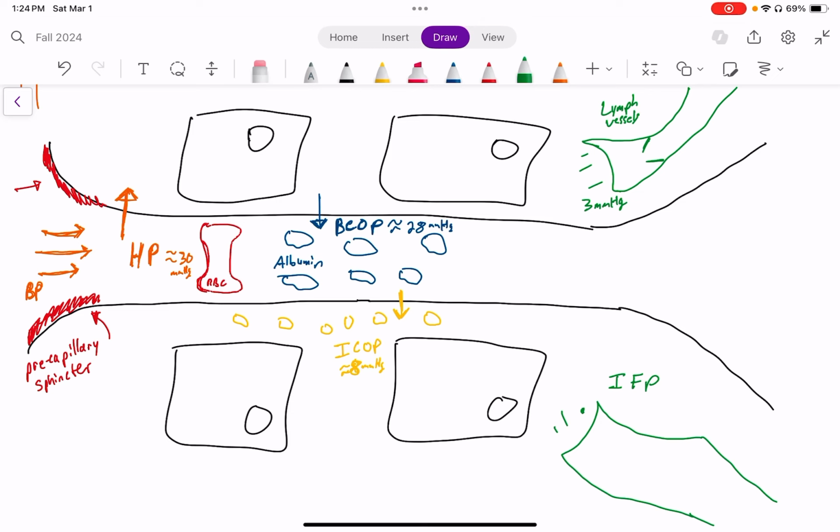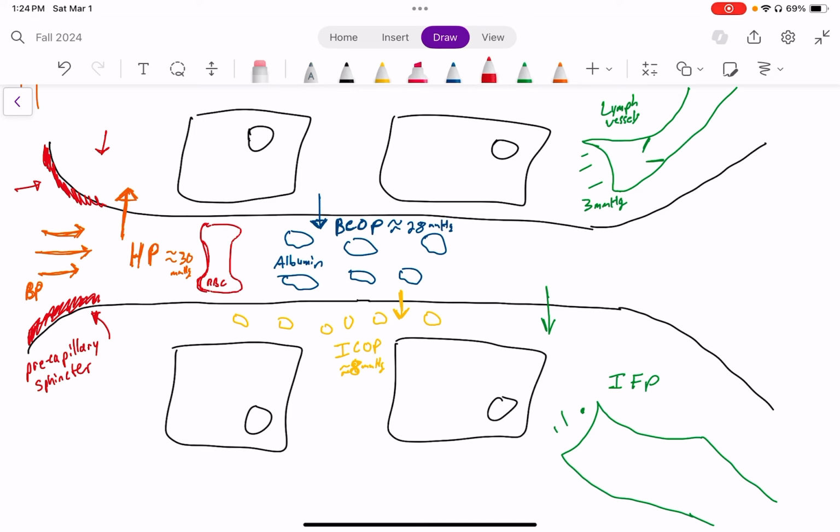Now, overall, then, what we see here is in the arterial end, you have 30 millimeters of mercury of pressure going out, 28 coming in because of BCOP, 8 going out because of ICOP, and then a further 3 going out because of the lymph vessels, because of IFP.